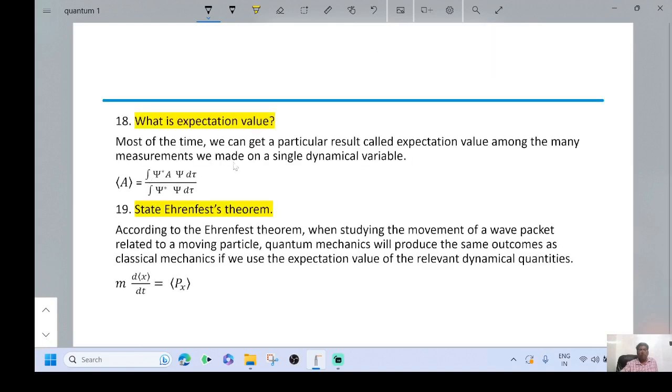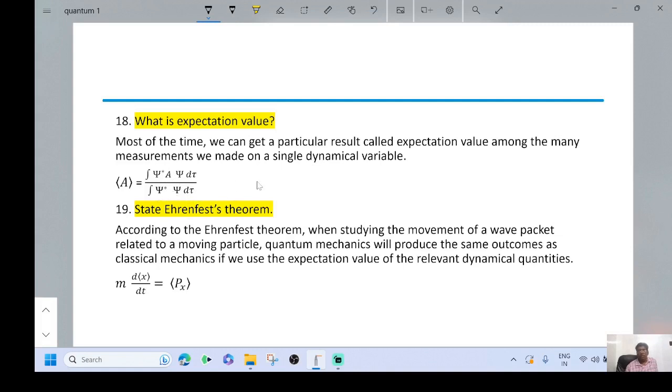What is an expectation value? Most of the time we get a particular result, called the expectation value, among the many measurements we make on a single dynamical variable. The expectation value of an operator A is ∫ψ*Aψ dτ divided by ∫ψ*ψ dτ. Suppose the wave function is normalized, the value of ∫ψ*ψ dτ equals 1.